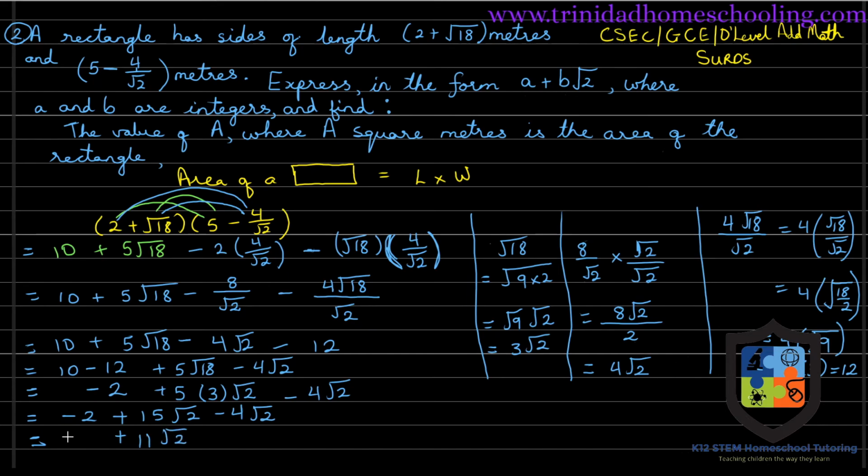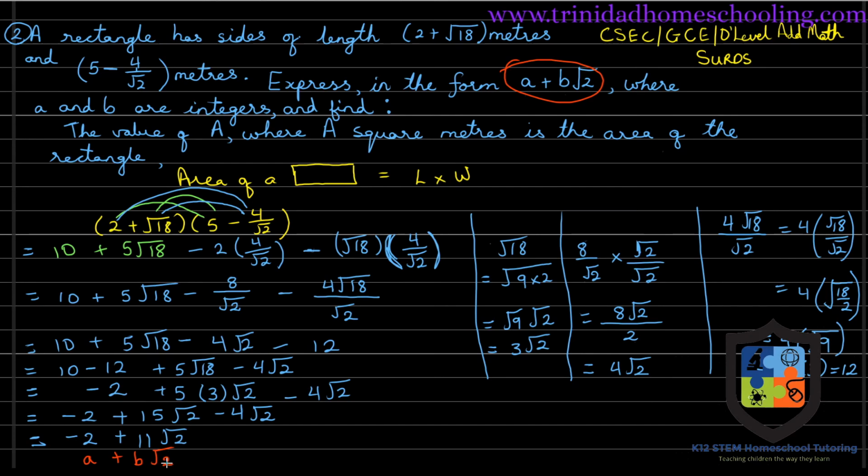And we have our minus 2 here. This is in the form of, let me just circle this here. This is our a. Our a is negative 2, our b is 11, and we have our root 2.